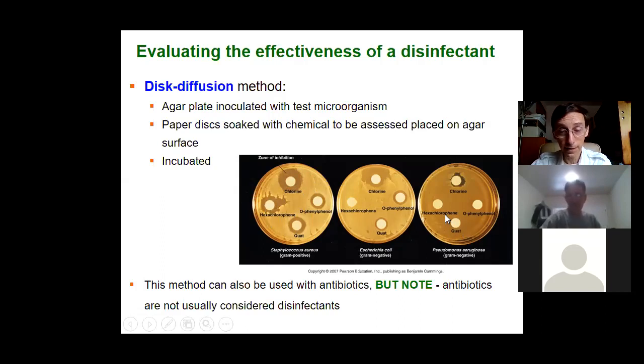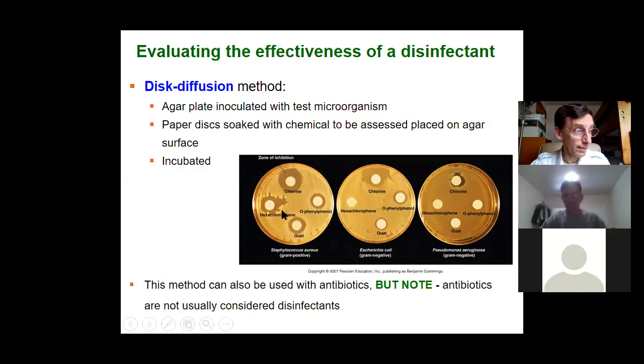Pseudomonas does have an outer cell wall, and only chlorine was effective. So you just soak the paper disc in the chemical and then incubate them. This method is used with antibiotics, but antibiotics are not considered disinfectants, and here we're testing different disinfectants.